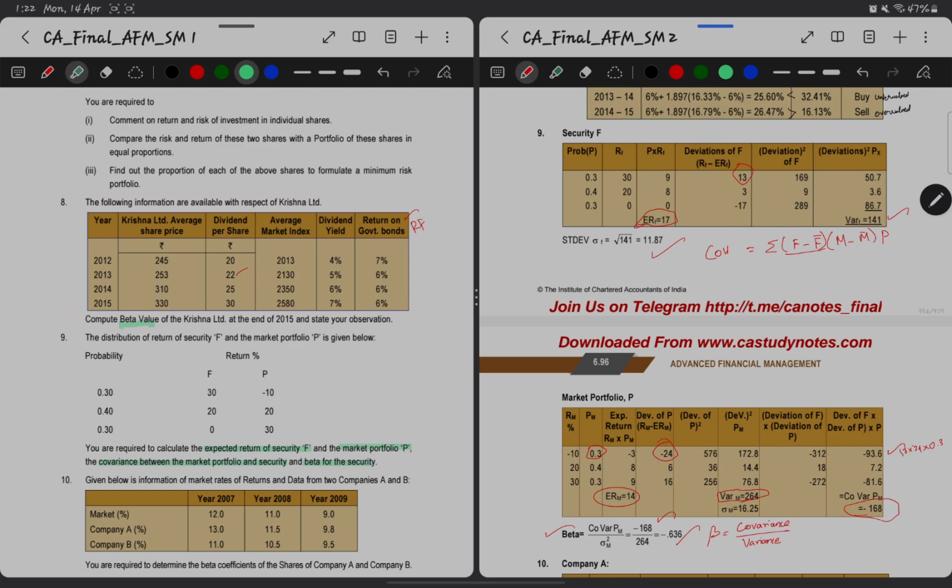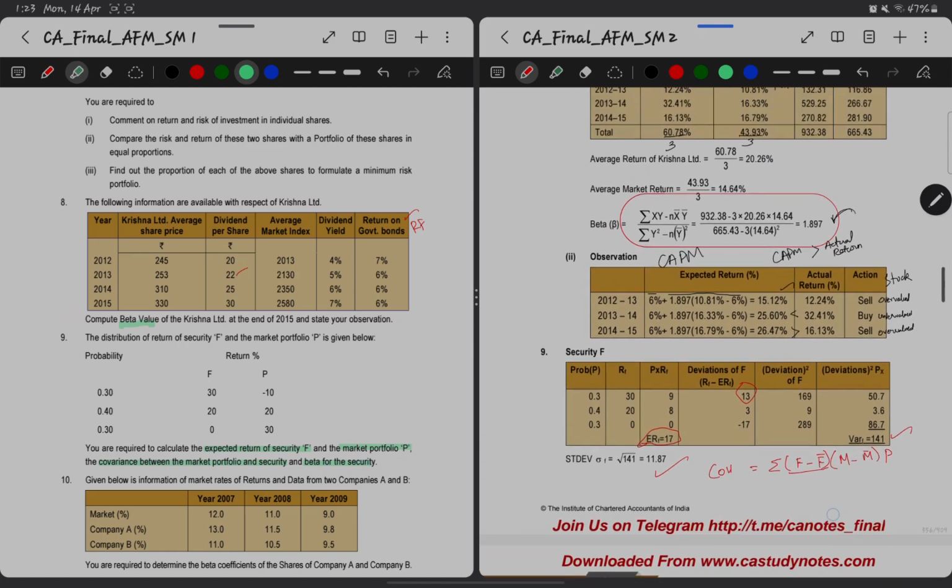So in exam perspective, it is so simple. If the question expects us to calculate beta, first check whether probability is there or not. If probability is there, use this formula: covariance of the return and the market return divided by variance of market return.